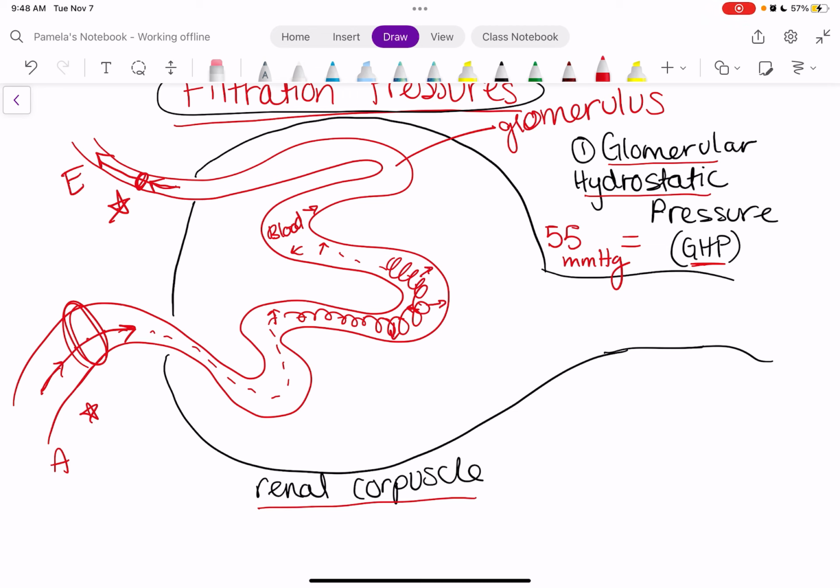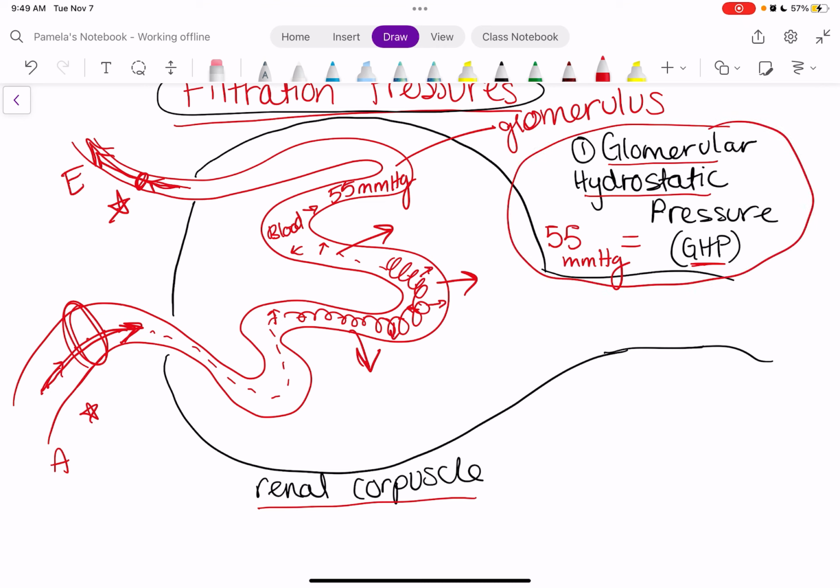Traffic slows down there and the pressure goes up behind that constriction point. It's the same idea here. We have a big inlet and a small outlet, and so the pressure inside these capillaries builds up to 55 millimeters of mercury. This is going to be our main driving force for fluid moving out here. So I really want you to memorize this pressure. This is a really important one.